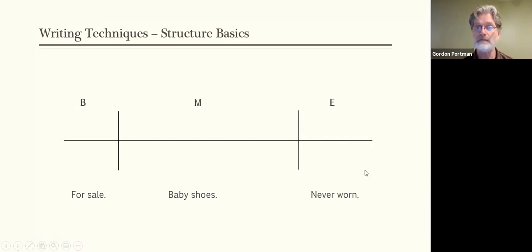The ending answers several questions raised by the beginning and the middle. Now we know why the baby shoes are for sale. The questions have been answered. Tension has been resolved. There is a conclusion to the movement of the narrative through this basic line of structure.